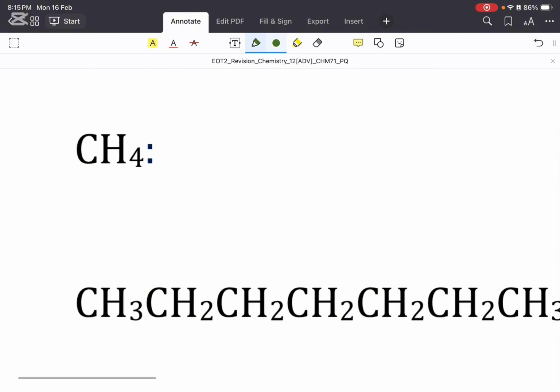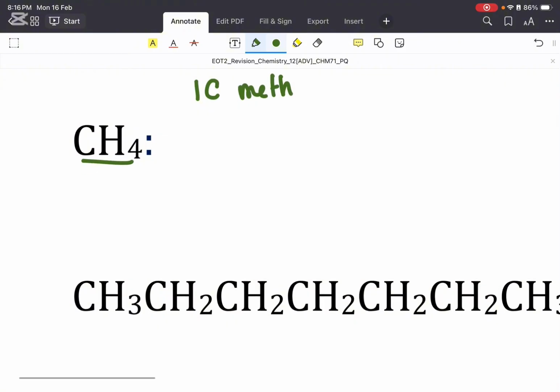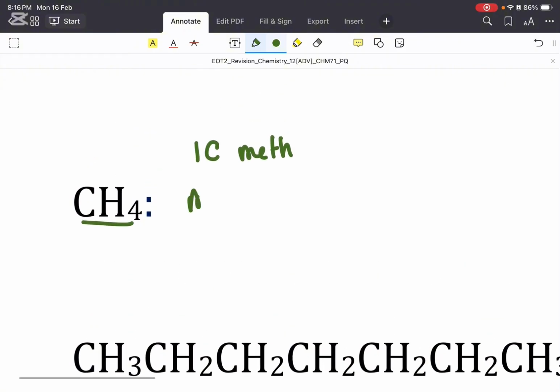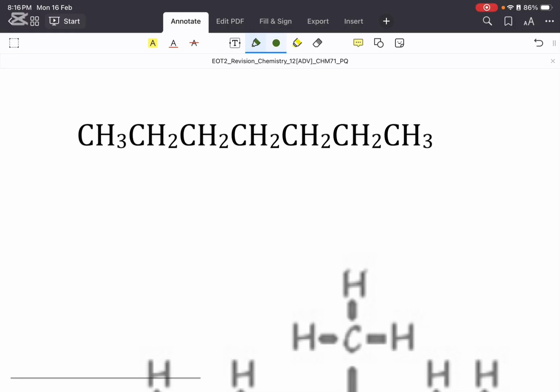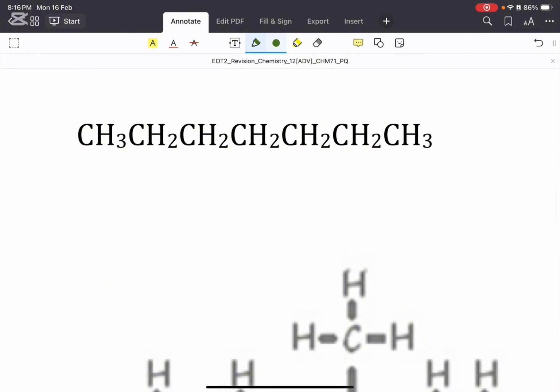Next, this one has 1 carbon. It's a meth, and since I don't see any double or triple bonds, it's a methane without any branches. Next, over here, I know that you don't see the bonds, but if there is a double bond or a triple bond, the number of hydrogens will be reduced.